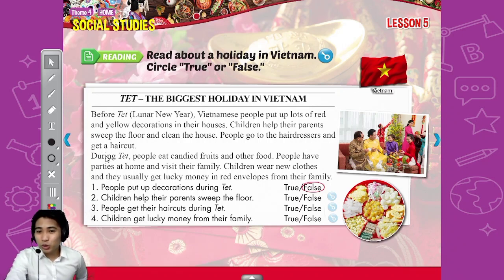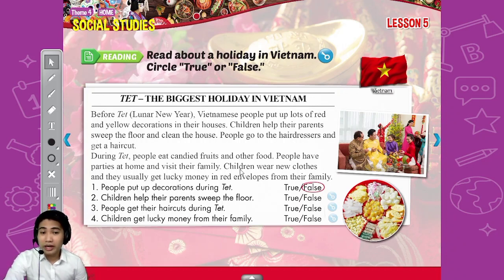Okay. So again, during Tet, people eat candied fruits and other food. People have parties at home and visit their family.